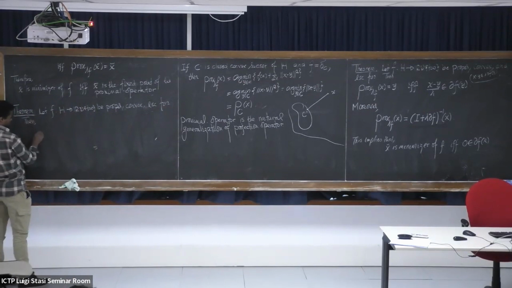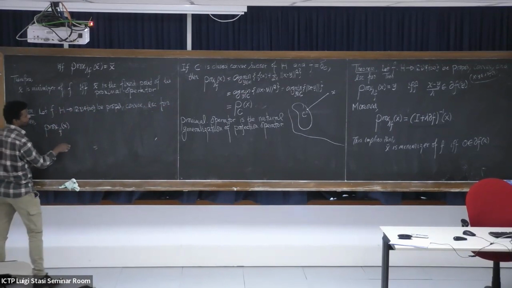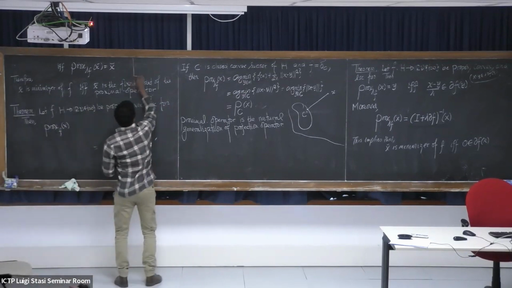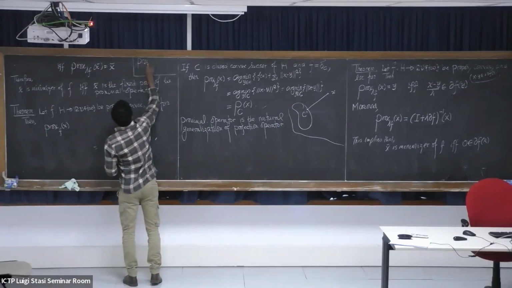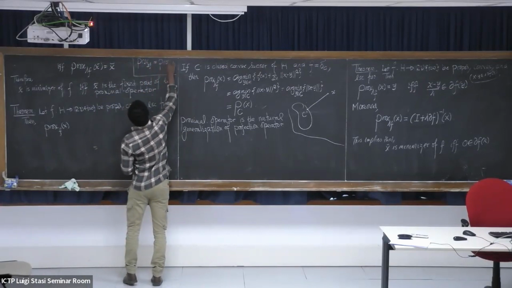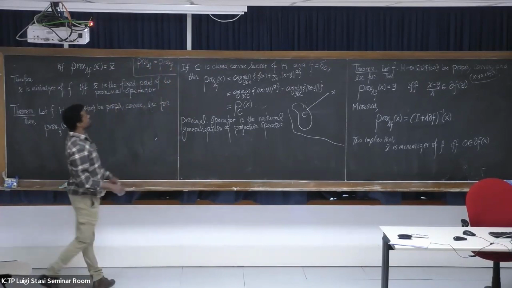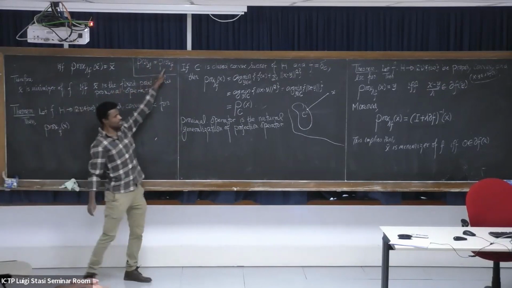Then what is very interesting is the proximal of f at x. If lambda is not written here, it means the proximal operator of f with scaling lambda equal to 1. If it is written this way, the scaling lambda is 1.